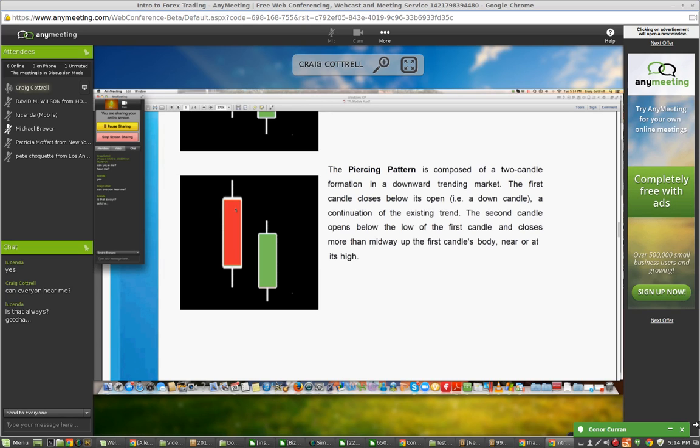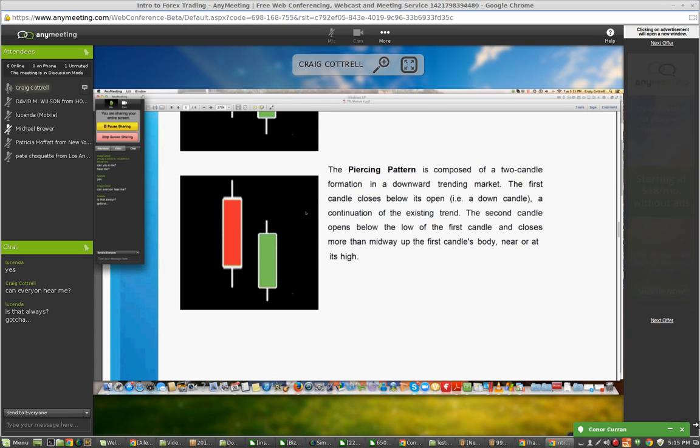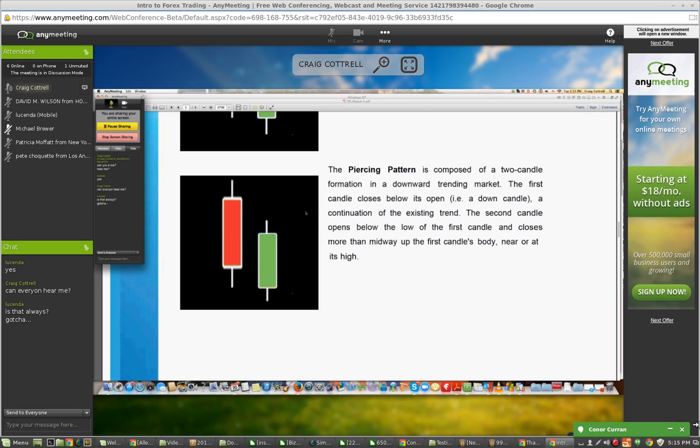But it is a highly reliable indicator that this downtrend, for example, will be stopped in its tracks. I would expect either a sideways moving candle or a slower move up on the next candle here. So the piercing pattern, very reliable, not quite as powerful as a bullish and bearish engulfing, but very powerful indeed.